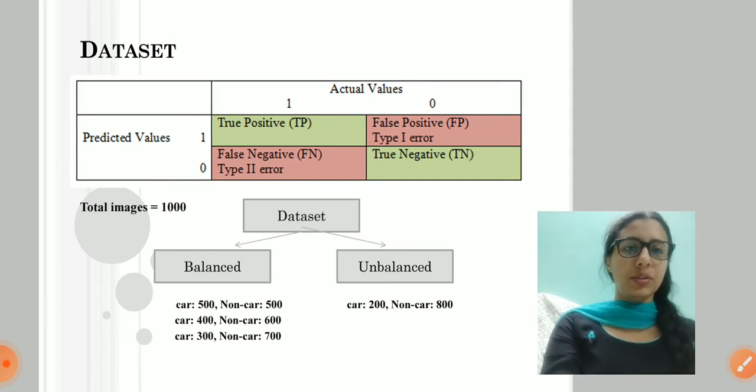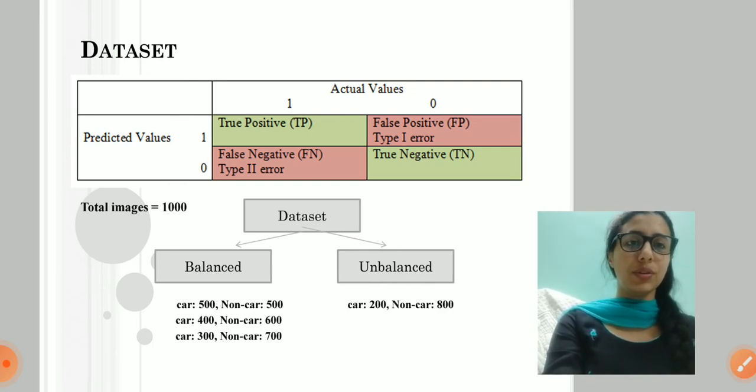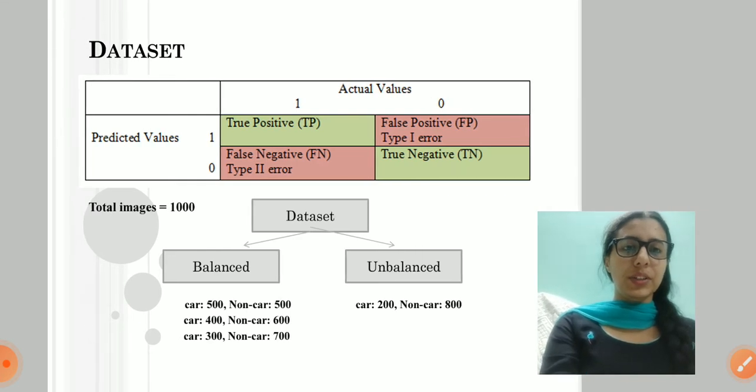Like the non-car having 800 images and car images 200, then any model may get biased based on the non-car images, and it may affect the accuracy of the system.